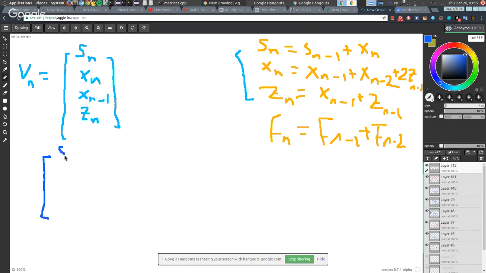So here we also try to find some matrix.